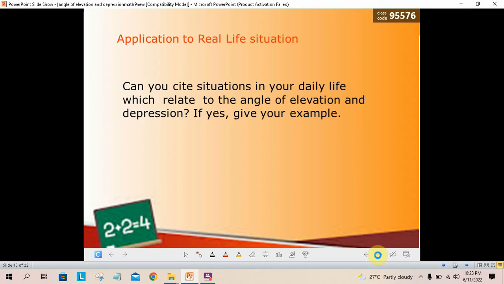Positive outlooks in our life means angle of elevation. Our health, good health, peace, our success, no? We have graduating students nowadays, elementary, high school, and college. That is success. Yes, but we have also experienced downs in our life. That's depression.